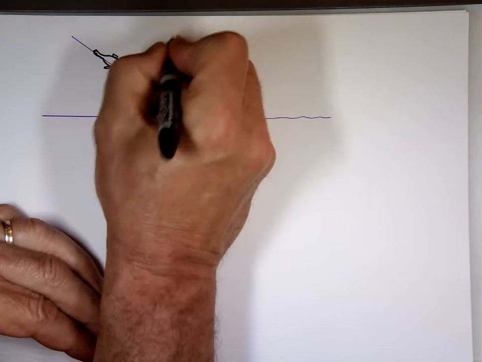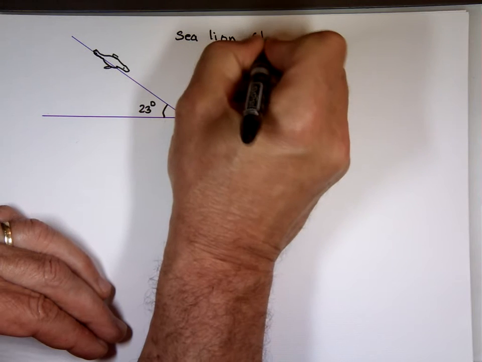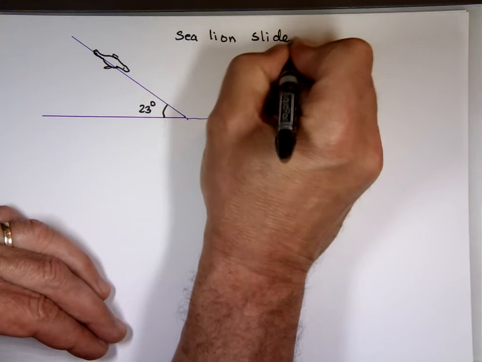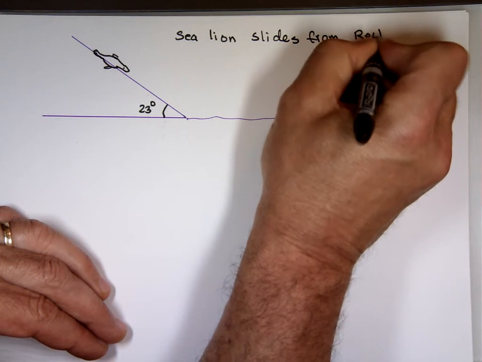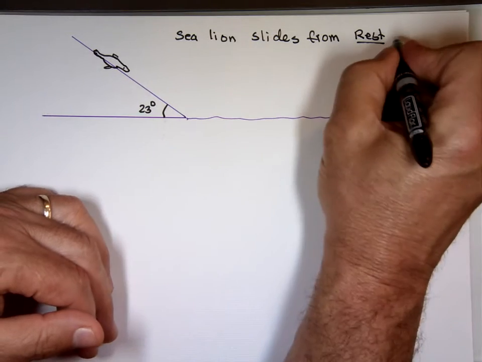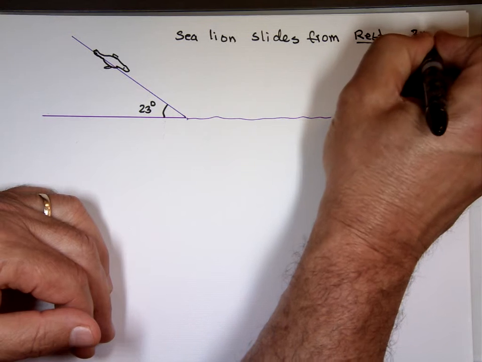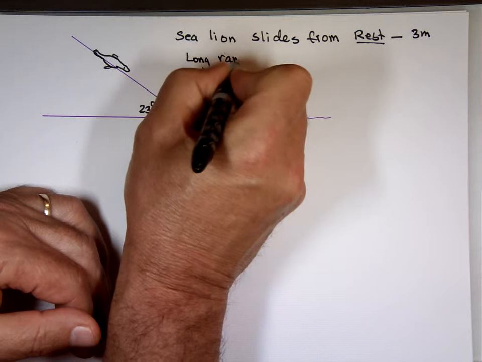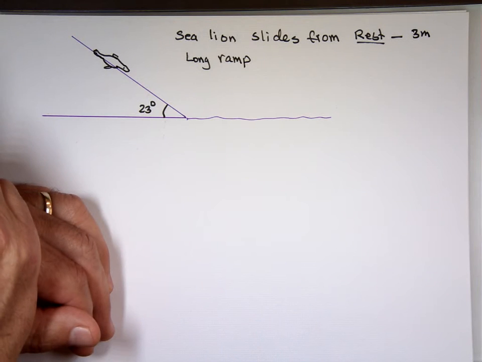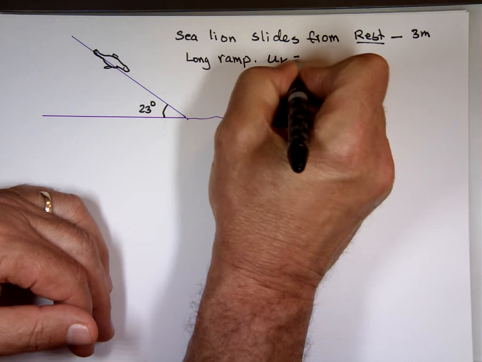So we have a sea lion that slides from rest. Let's use from rest. The word rest becomes crucial. Slide down this ramp. The length of the ramp, 3 meters long. Let's assume the coefficient of friction between the ramp and the seal is 0.26.